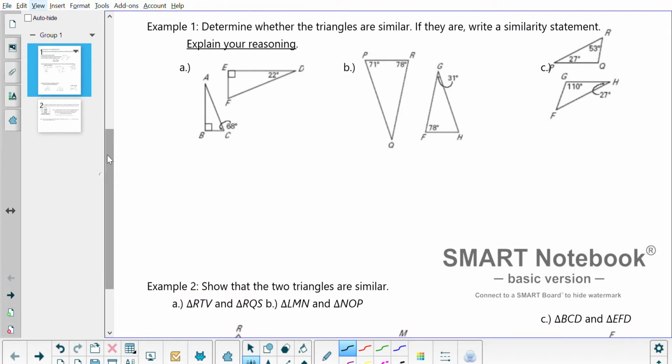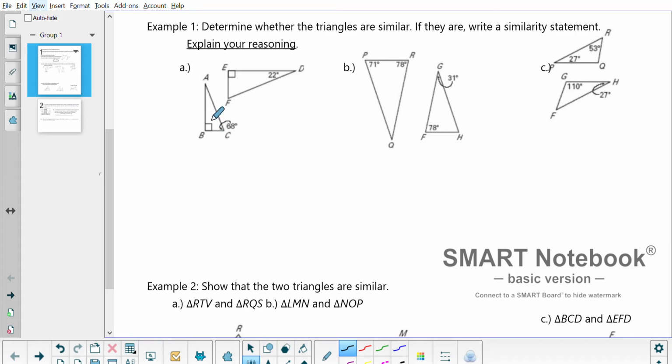So example one here, I will go through A with you, and then I'll have you pause the video and work through B and C. If we look at example A here, we have our two triangles, ABC and FED. First thing we have to do is figure out which angles are corresponding. Easiest way to do this, start with your right angles.